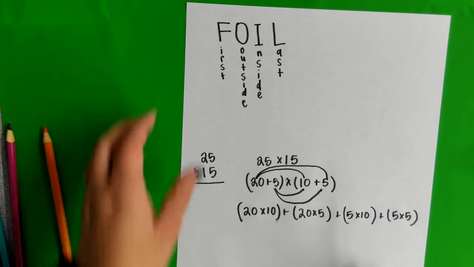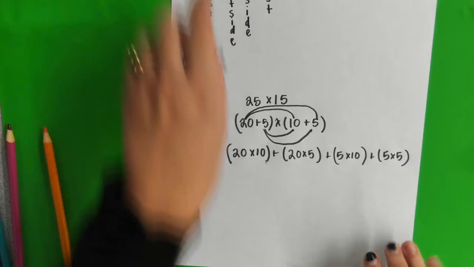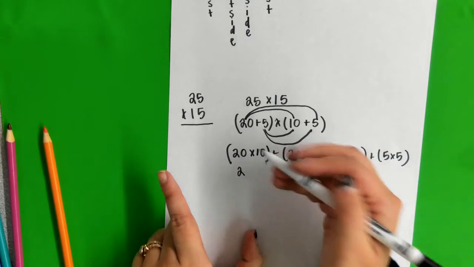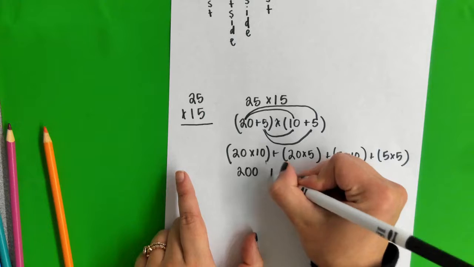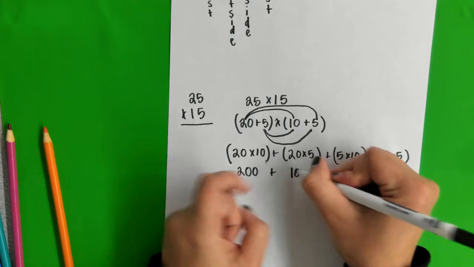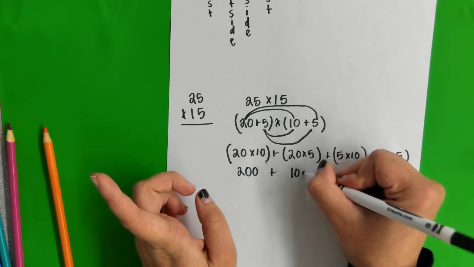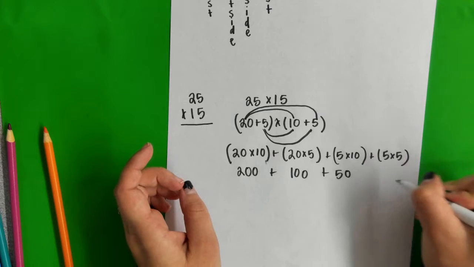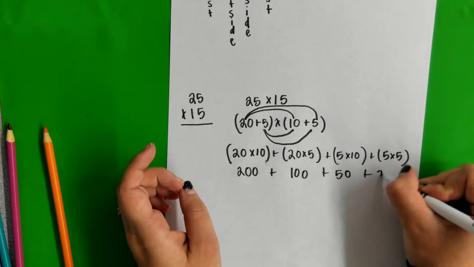20 times 10, I can cover my zeros. 2 times 1 is 2. I uncover 2 zeros, add 2 zeros, plus 20 times 5. 2 times 5 is 10. Uncover a 0, add a 0, plus 5 times 10 I know is 50, and 5 times 5 is 25.